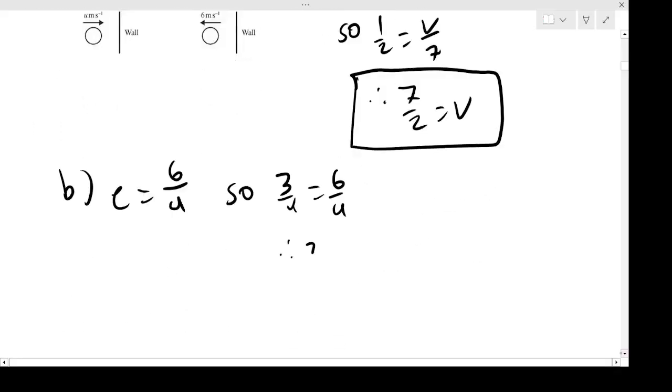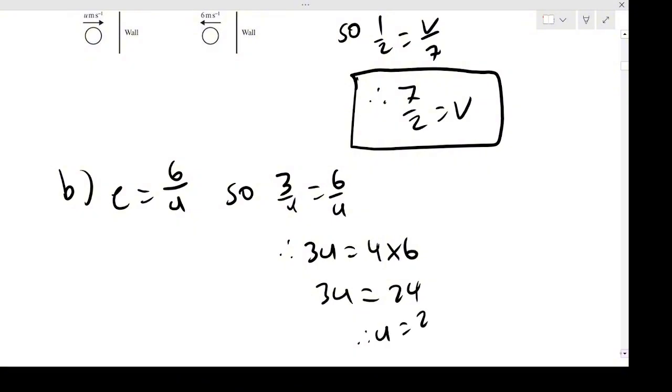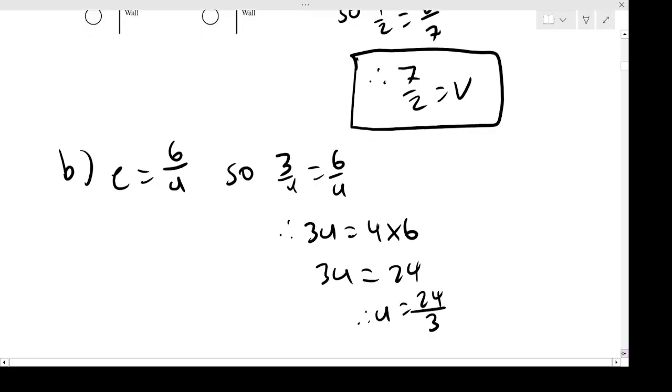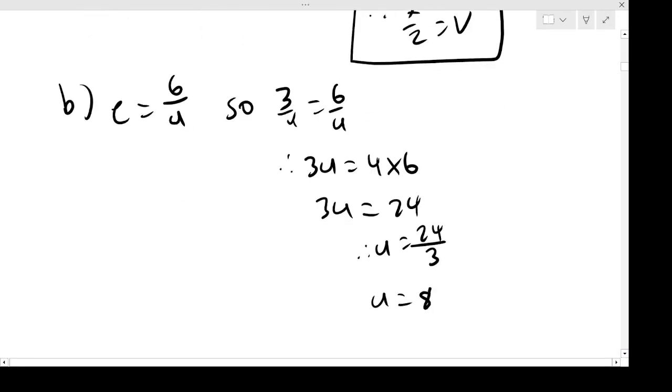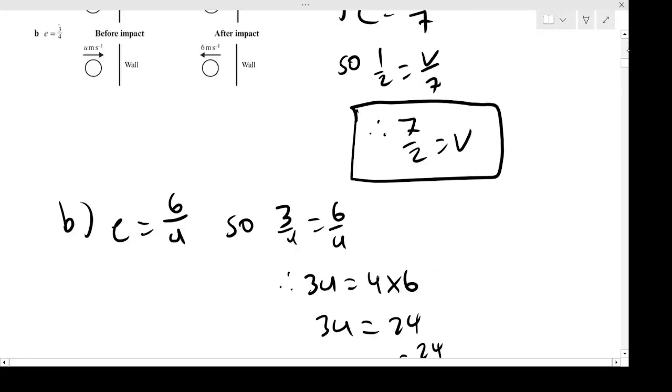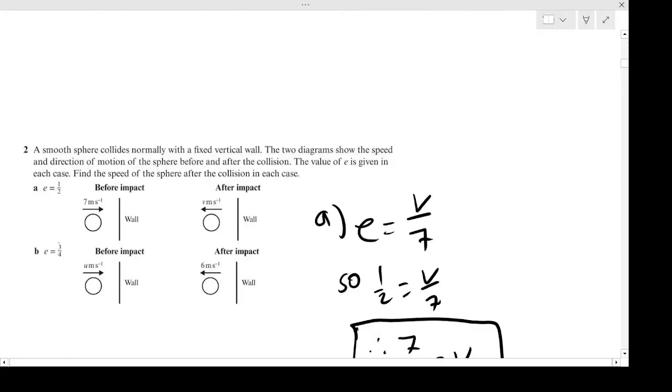Then we can say 3u is 4 times 6, so that will be 24. Therefore, u is 24 over 3, and that is going to be 8. That is my initial speed there. So hopefully you are comfortable with how I calculate e here. It's simpler than before, but there we are.